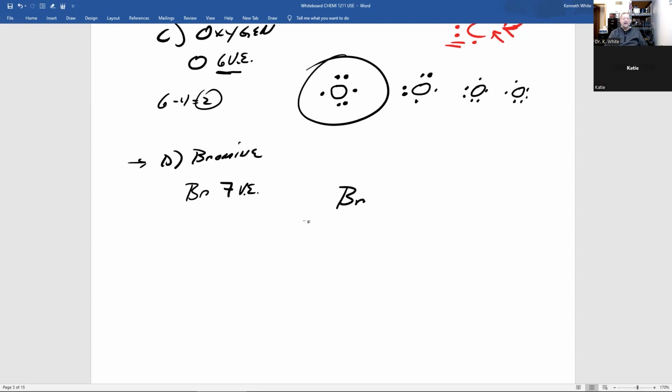Remember, you put a dot on each side for each valence electron, and then you double up for the rest of them. You never have more than 2 valence electrons on a side.